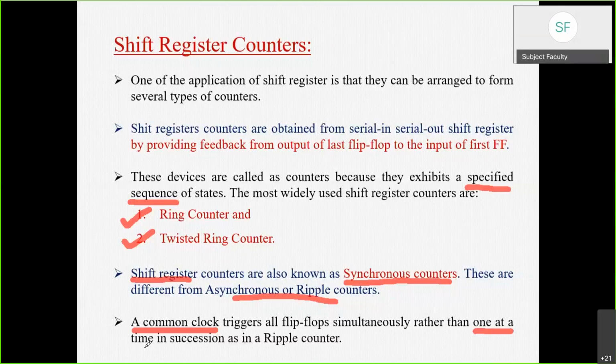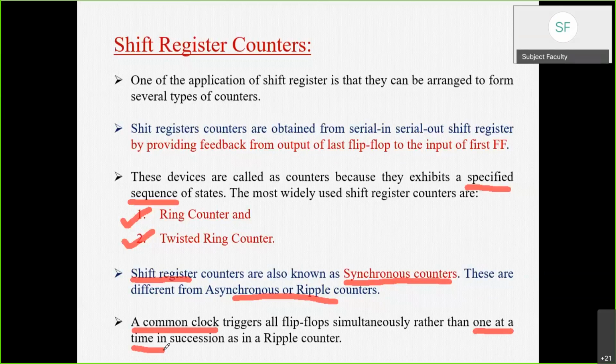Okay. We have seen the working of the asynchronous counter. In that you can observe, in the ripple counter, each flip-flop was individually triggered, and only after the triggering of the first flip-flop was the second activated, because the clock of the second was nothing but the output of the first.